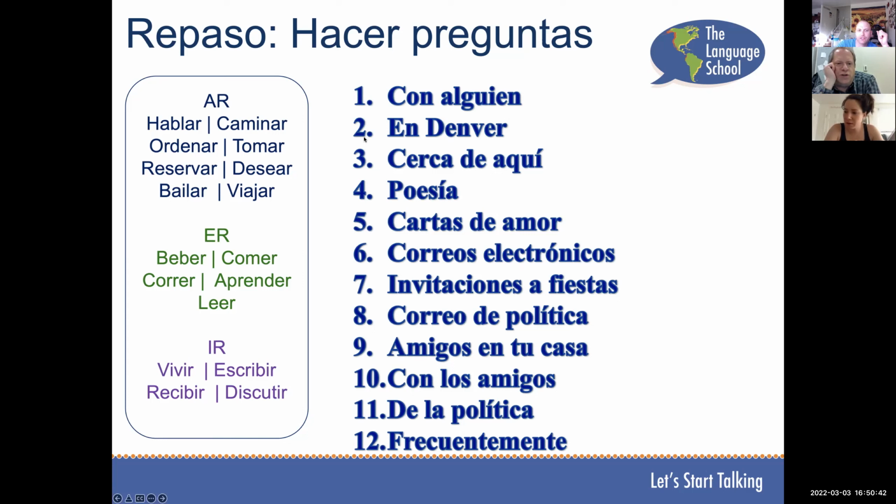So where are we? Tú vives cerca de aquí. ¿Qué significa cerca? Close to here. Well, cerca means close.